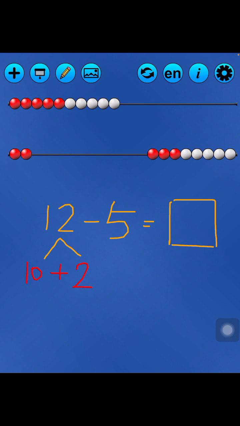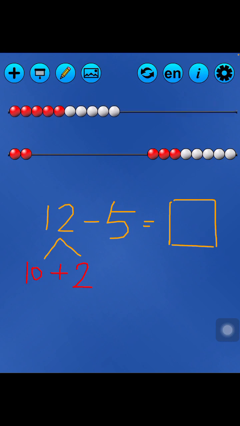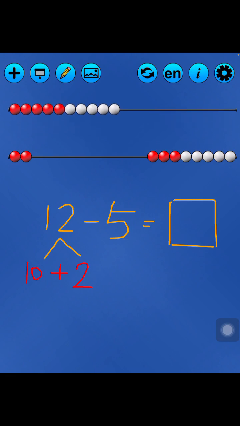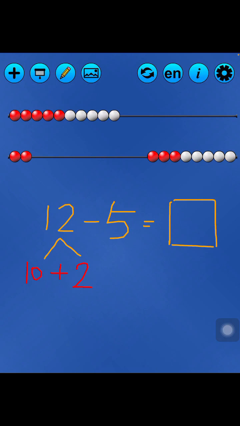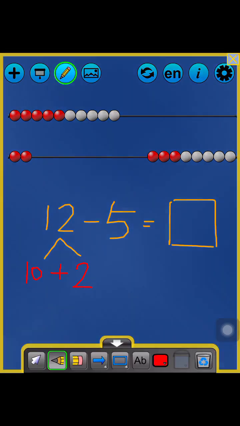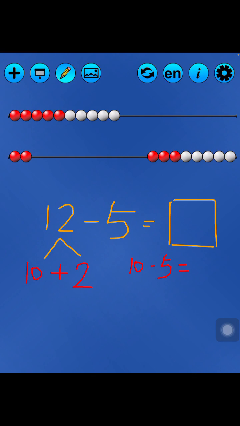And then we need to take away 5 bits. So which row should we choose? Row 1 or row 2? Yes, it's row 1. We take away 5 bits from row 1. There are 10 bits in the first row, and we take away 5.